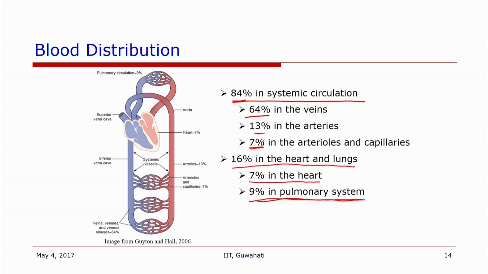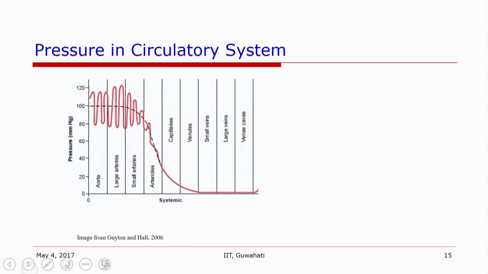So there is very little blood in the capillaries, where the gas exchange happens, and the exchange process must be very efficient, so that even though only a small amount of blood is there in the capillaries for a very short time, the gas exchange still happens efficiently.